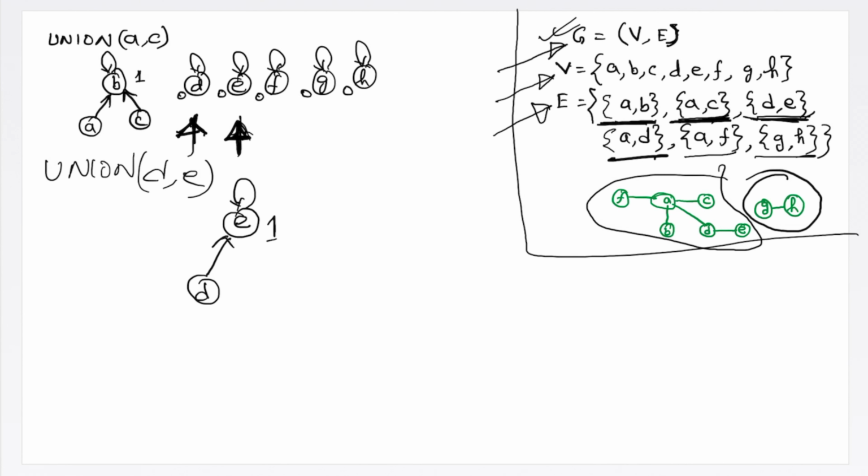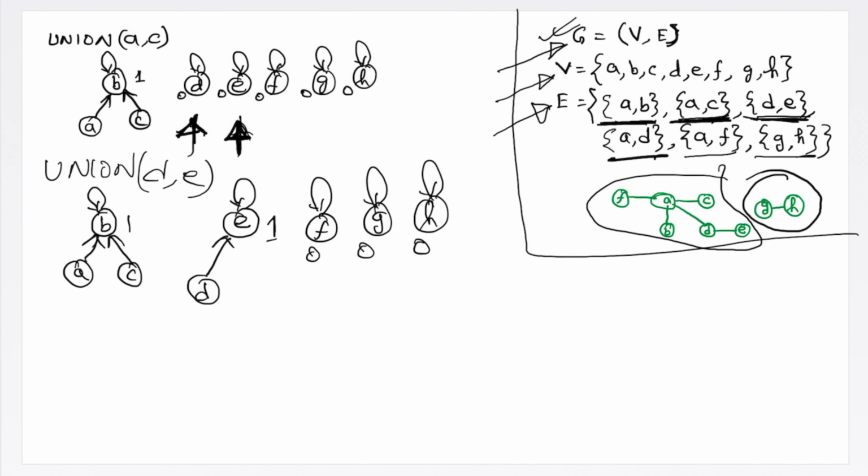The rest of the trees will remain the same. The next edge is A, D. We use the union operation between vertices A and D. A is in this tree and D is in this tree. Therefore, we combine them.